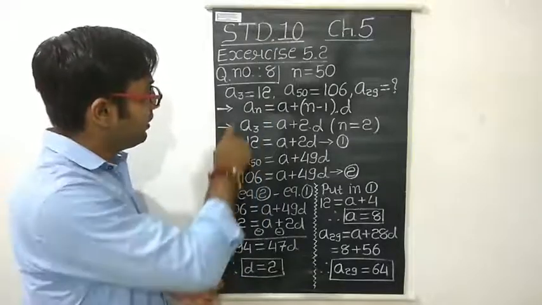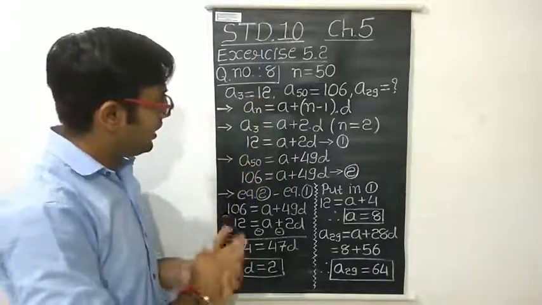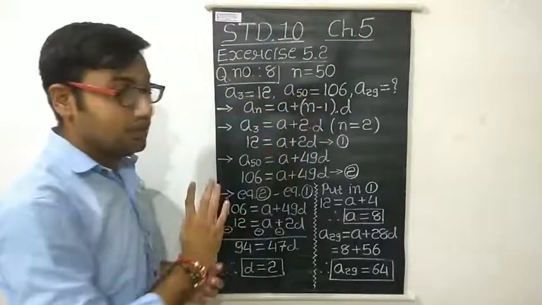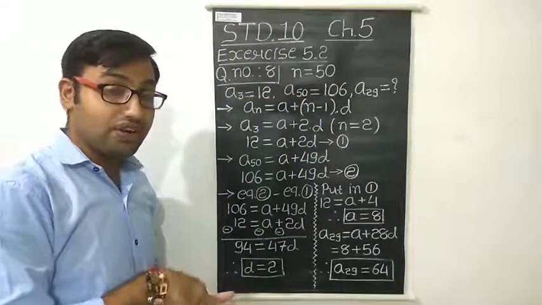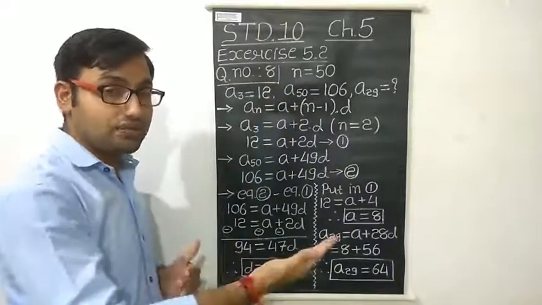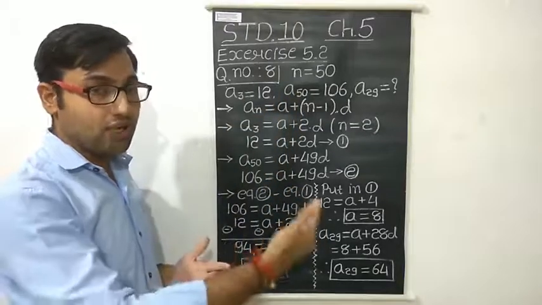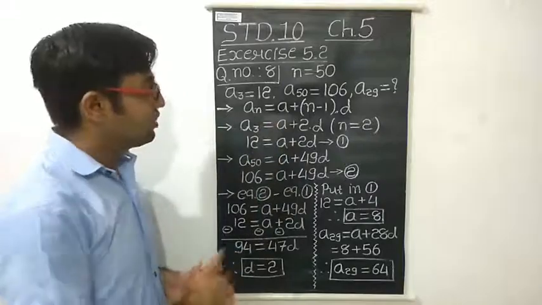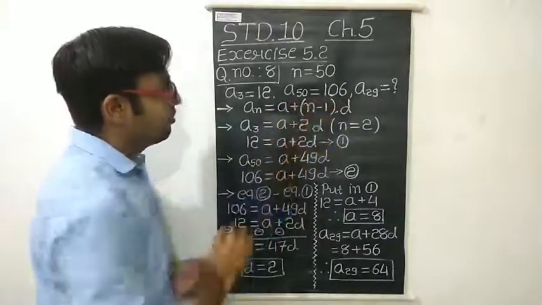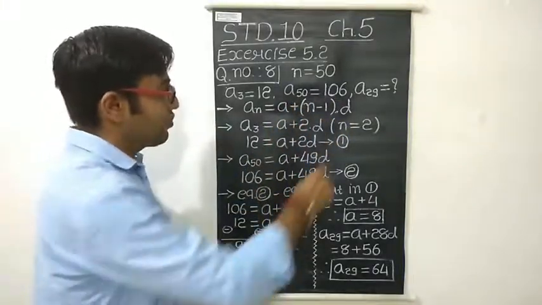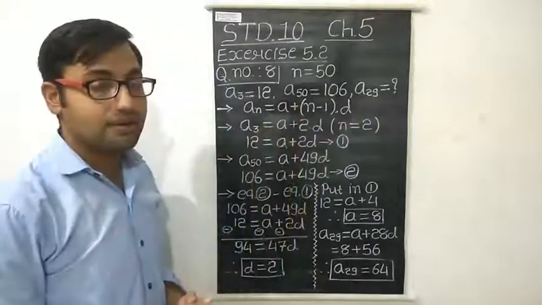What we are given is that the third term is 12, and the last term, that is the 50th term since there are 50 terms in total, is 106. We have to find the 29th term.